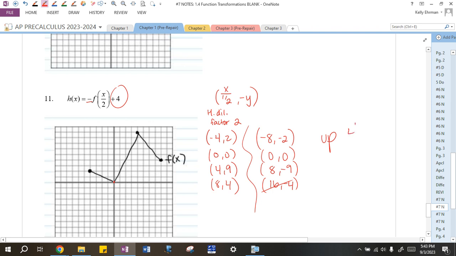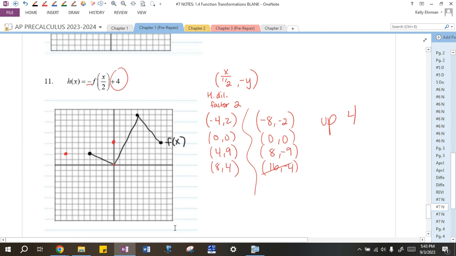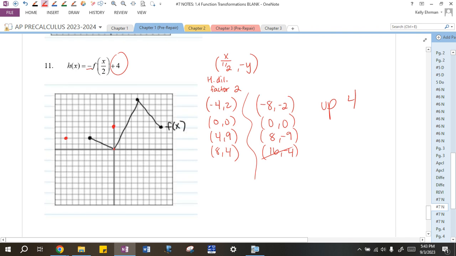And then we're going up 4 after that. Okay, so (-8, -2), but then go up 1, 2, 3, 4. (0, 0), up 4. (8, -9), and then up 4. And (16, -4), let's just say that's like way out here.